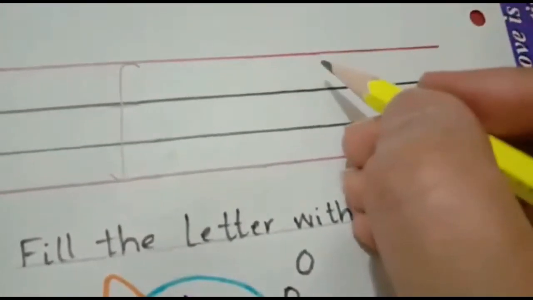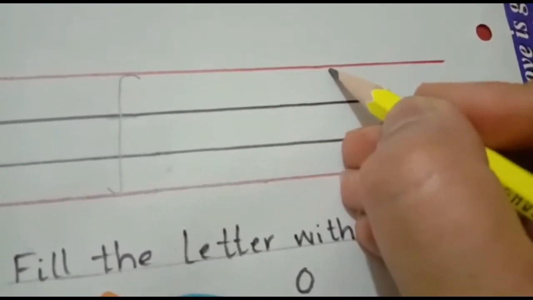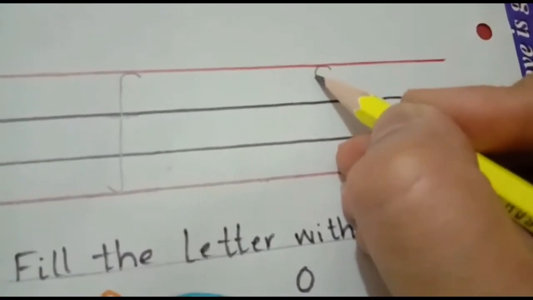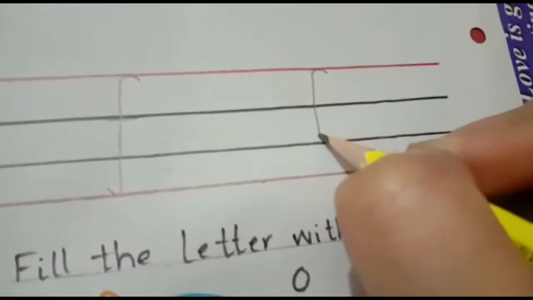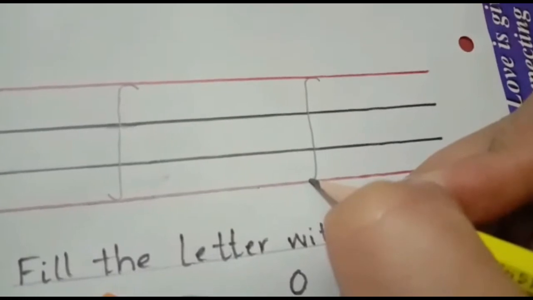Once more time. Okay, now for small f, first I will make a small curve with the top line. Now next I will make a straight line like this and touch the lower line.